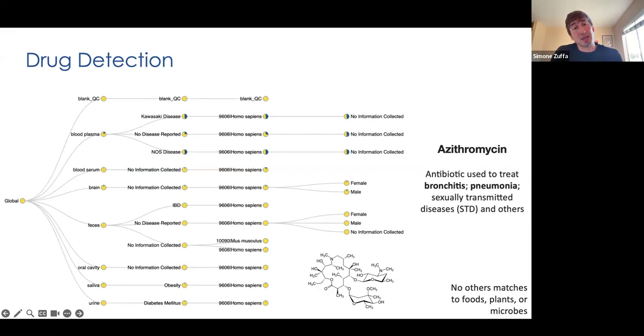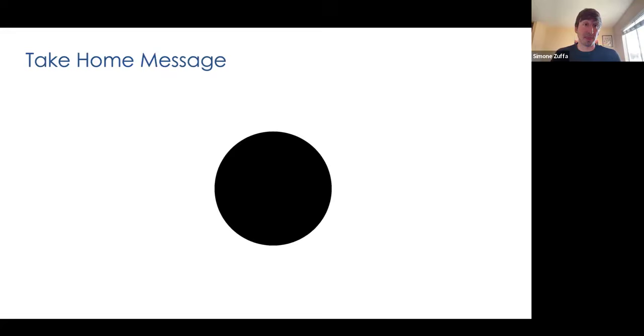So you can see that we can easily find drugs, for example antibiotics, through the human samples. This hopefully will inform your study. As a take-home message, the dark world of metabolomics and untargeted metabolomics is very scary.